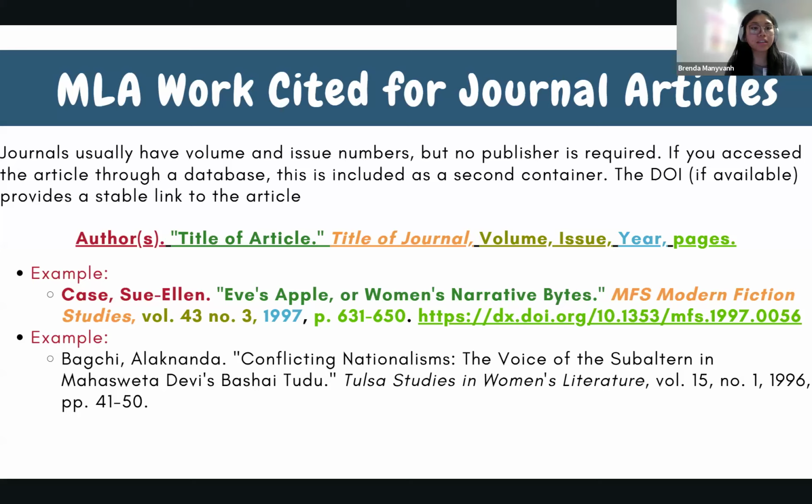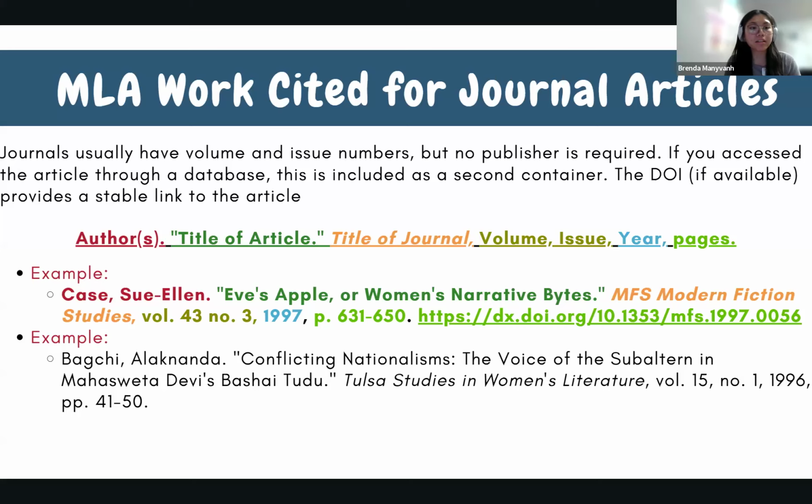So the general elements are authors, title of article, title of journal, volume number, issue number, the year it was published, and then pages. And if there is a DOI link, the DOI at the end. So just kind of follow that example where the location, which is the pages or where you find a source, is always at the end of the citation.